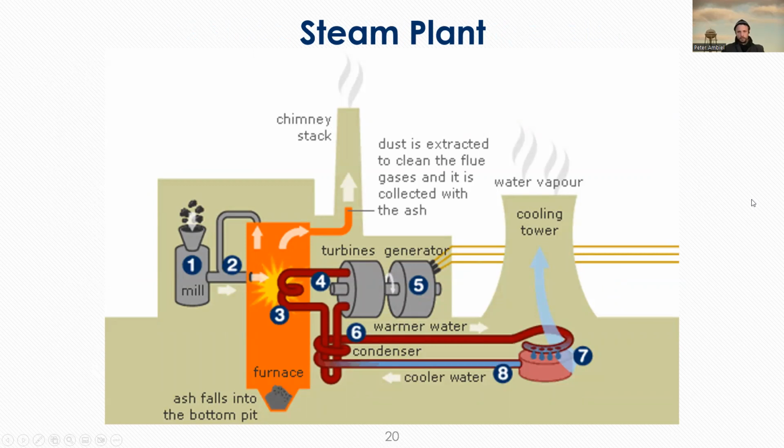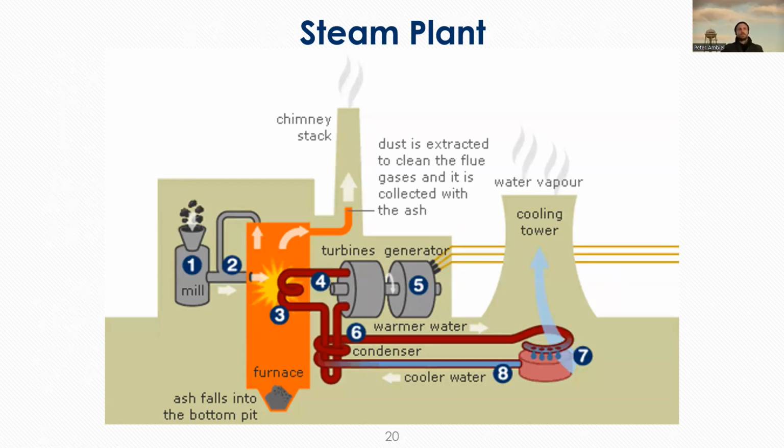So this diagram maybe walks us through what a typical plant looks like. As I talked about before, you first start with your coal input, which then gets processed, usually at the steam plant itself.